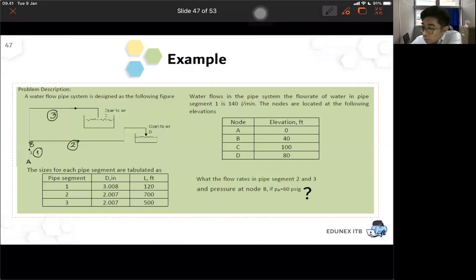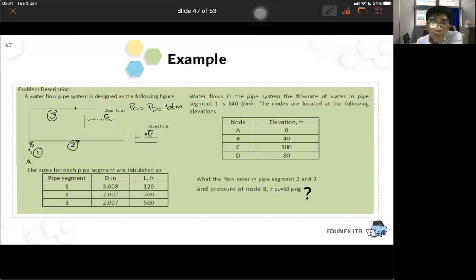Segment 3 goes to point C, and segment 2 goes to point D. Both point C and point D are open to air. So it means PC will be the same as PD, let's assume it is 1 atm.